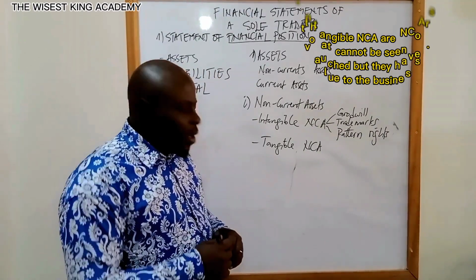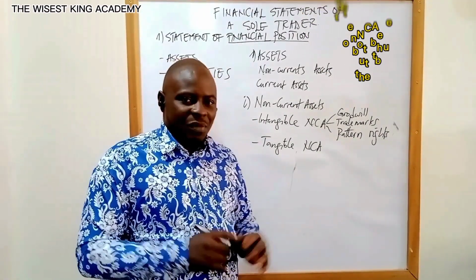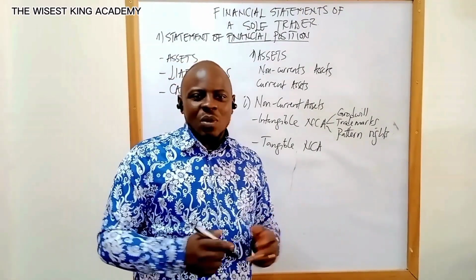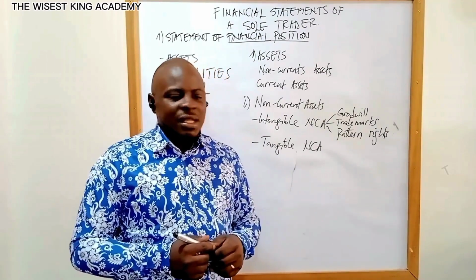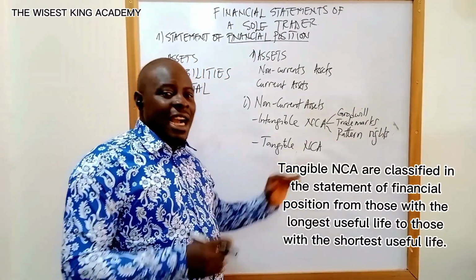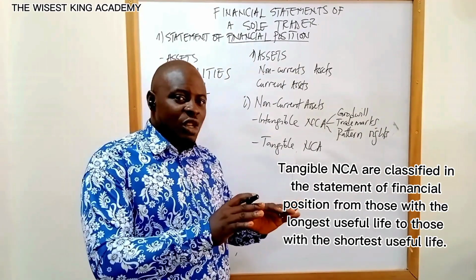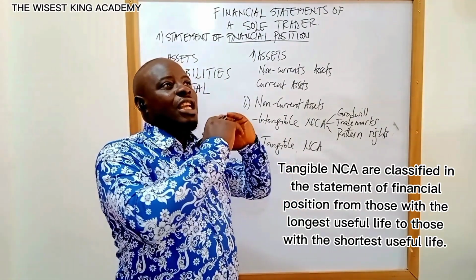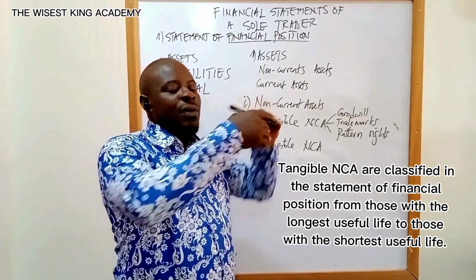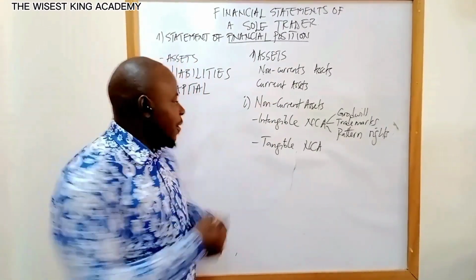Whereas tangible non-current assets are assets of a permanent nature that last for more than 1 year in the business. These assets are classified in the statement of financial position from those with the longest useful life to those with the shortest useful life.